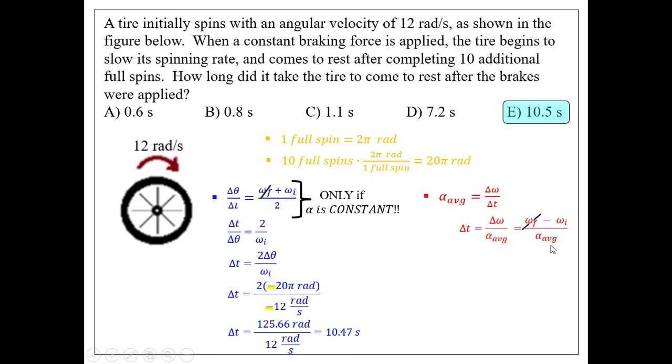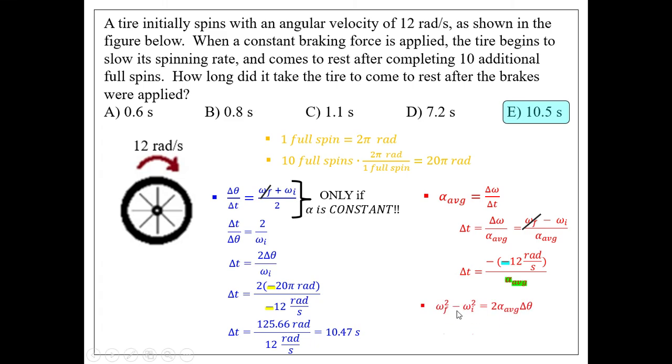However, the problem says omega f is 0, so you can cross that out. Then you can just plug and chug. The negative sign for the operation gets carried down, and omega i itself is negative because it's rotating clockwise. But I highlighted angular acceleration because you can't finish it yet, since you don't have the angular acceleration. However, if you want to do it this way, you can.